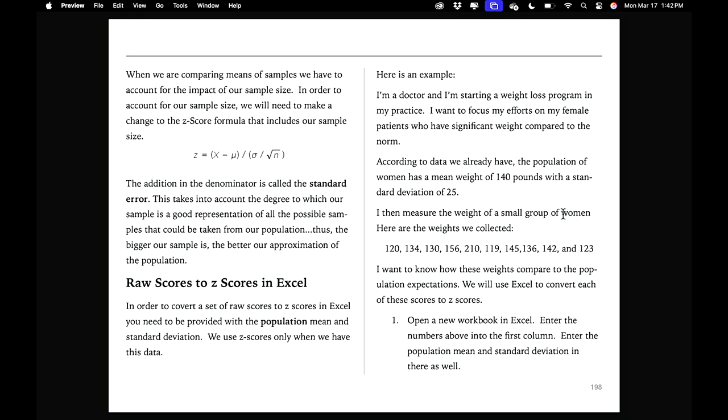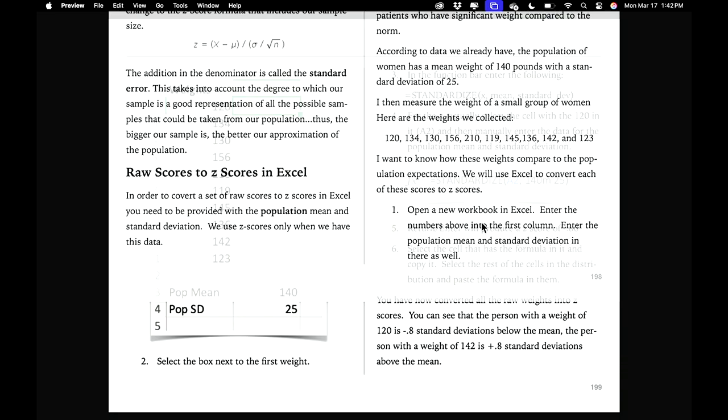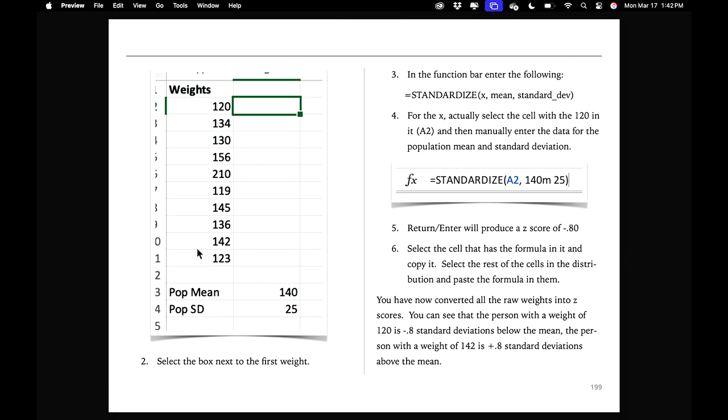This is my raw data. Okay? So I open up a workbook, I put all the weights there, and I just wrote down population mean, population standard deviation, and I just plug it in.